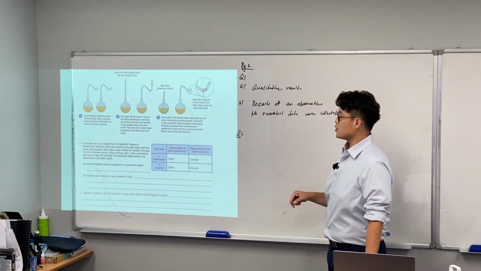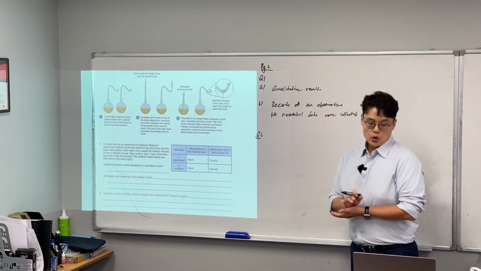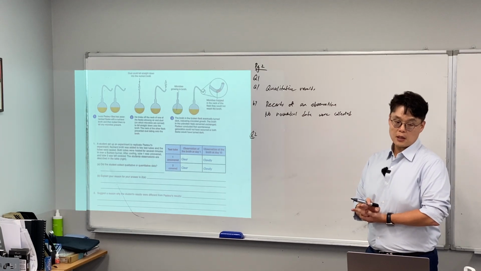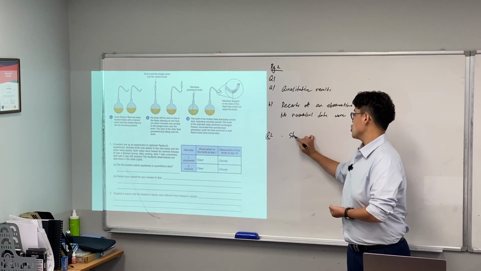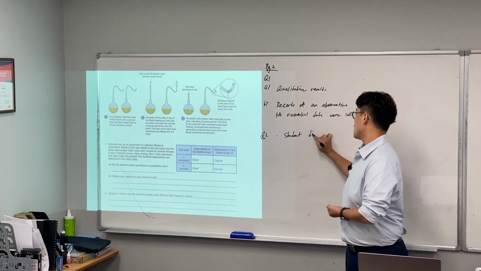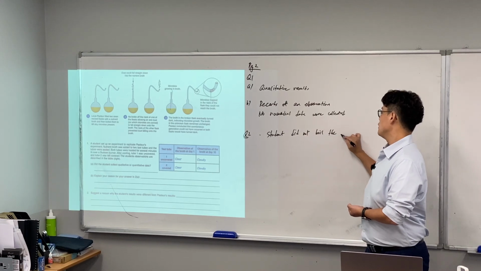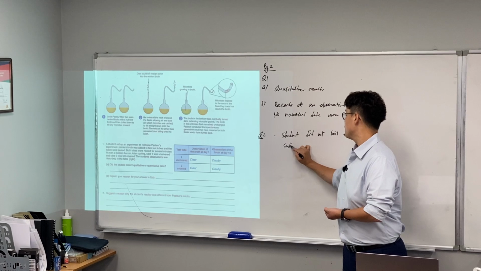According to Pasteur's germ theory, we assume the student might not have boiled the test tubes long enough. There's a chance the student did not boil the flask long enough, or sufficiently.